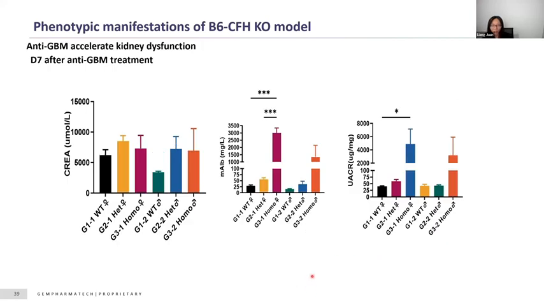And 7 days after treatment with GBM antibodies, we found the significant increased level of albumin in urine in the homo knockout mice compared with the wild type mice, and also significant increased UCA level in the homo knockout mice compared with the wild type mice.